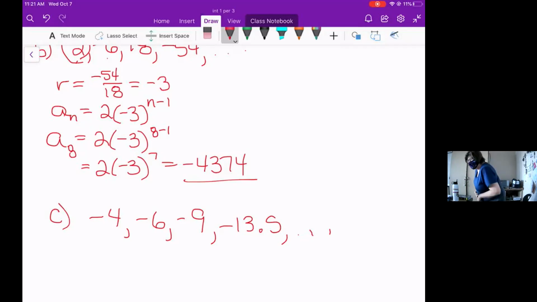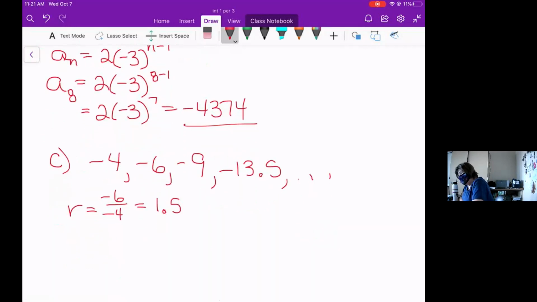So to get my r, I can use -6 divided by -4, and that gives me 1.5. It doesn't have to be a fraction, guys. a sub n is going to equal my first number, which is -4, times my ratio to the n minus 1.